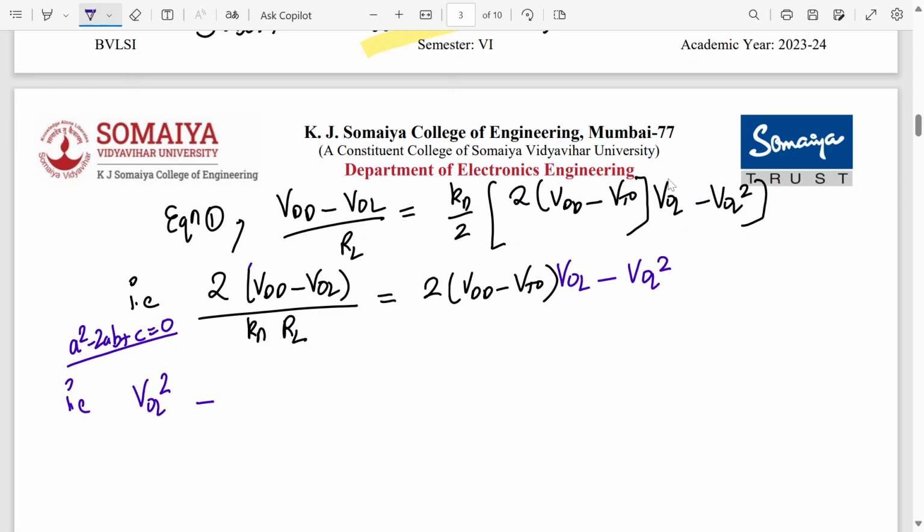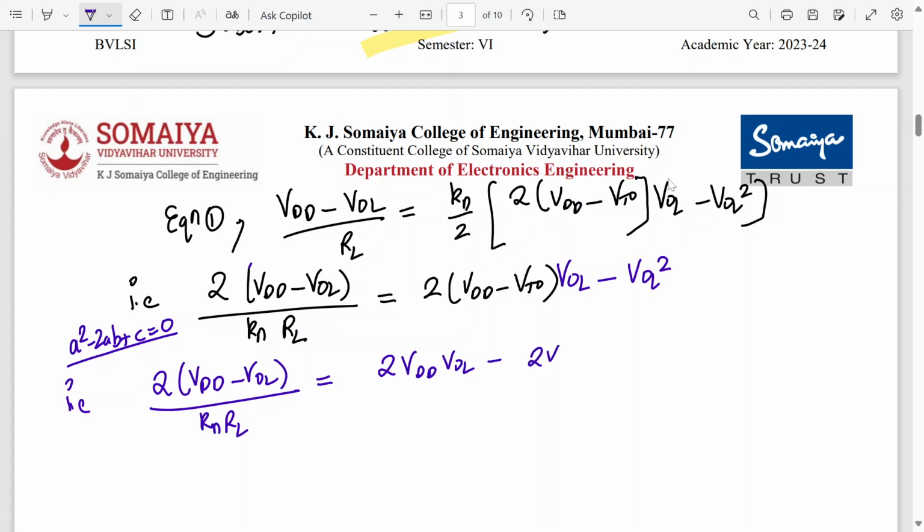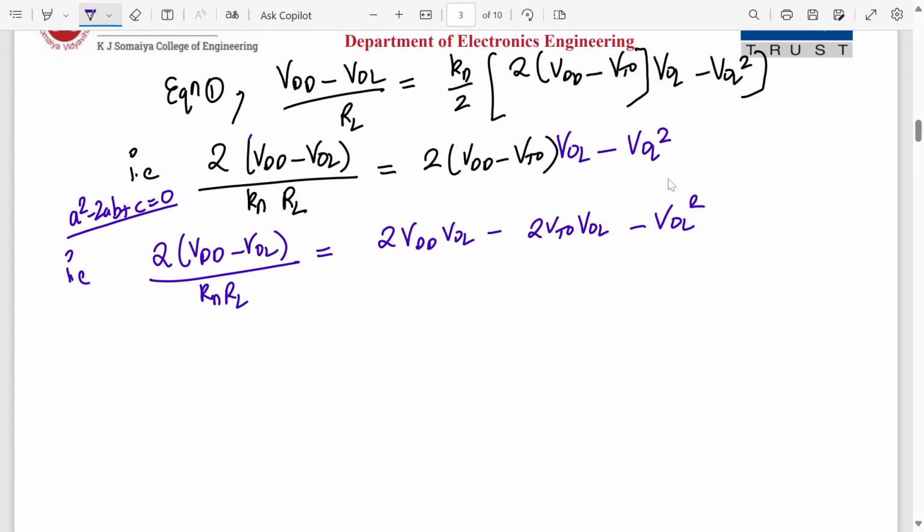Okay, and there is one more term on this side also, right? So let me just bifurcate that. This will be twice VDD minus VOL upon KnRL, and this will be twice VDD VOL minus twice VTO VOL minus VOL square. So this is the term what we have over here.